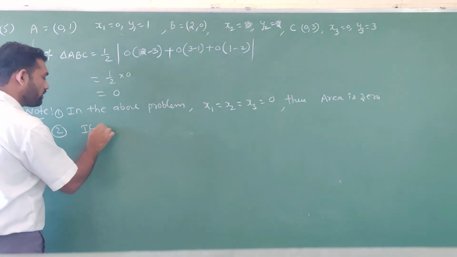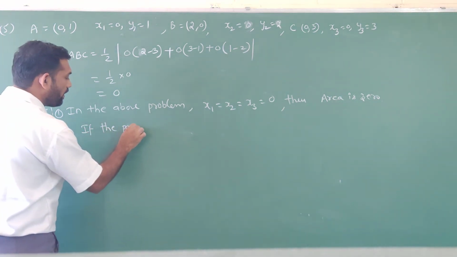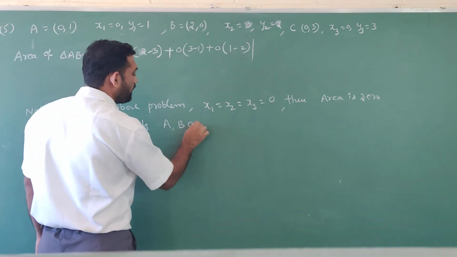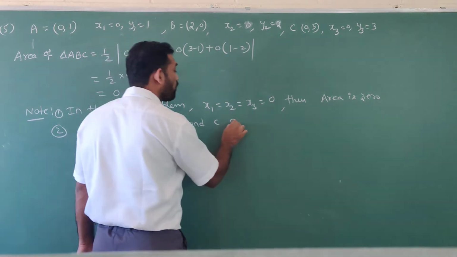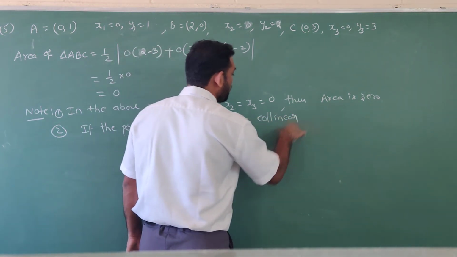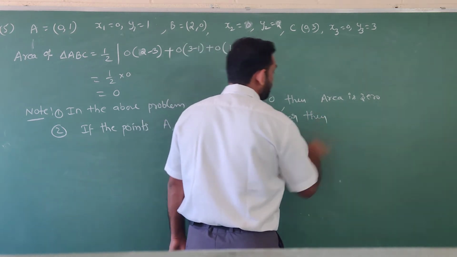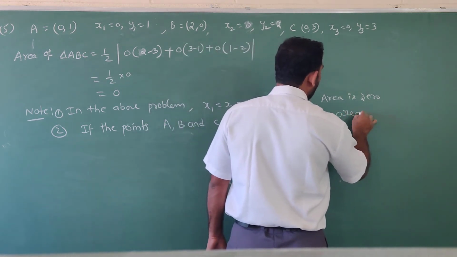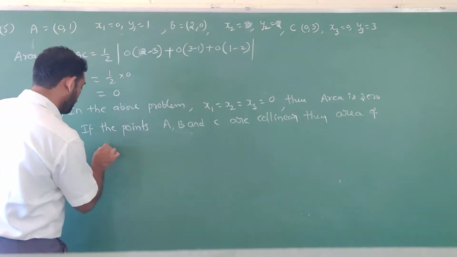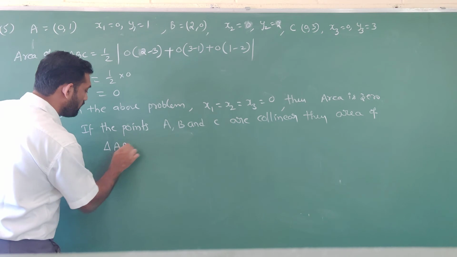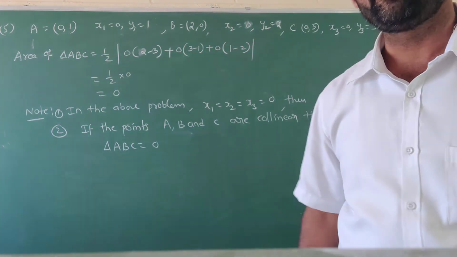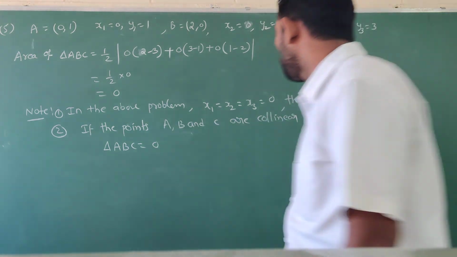Next one, second point. If the points A, B and C are collinear, then the area of triangle ABC is equal to 0. Collinear means what?